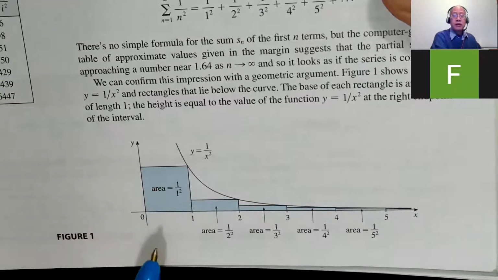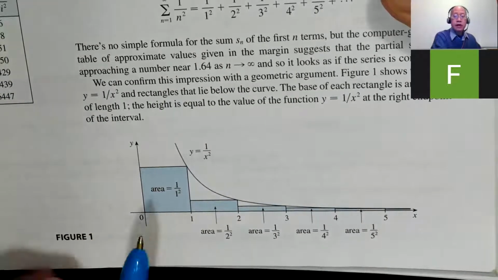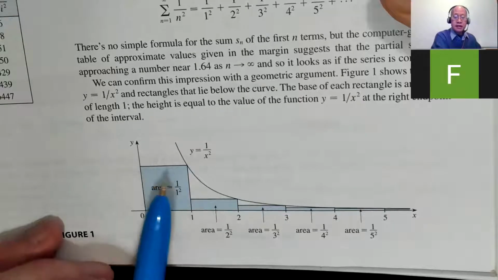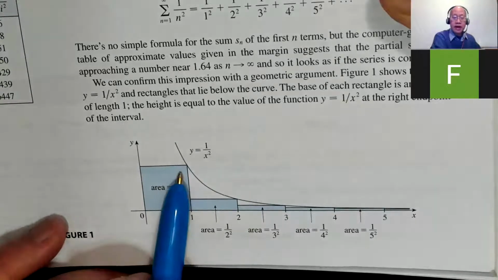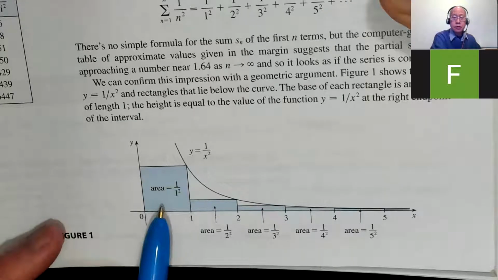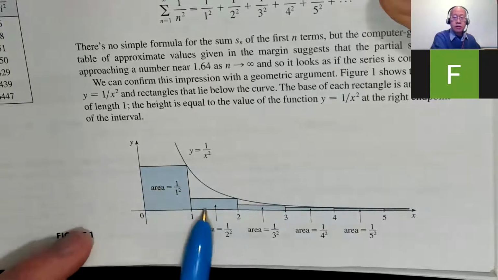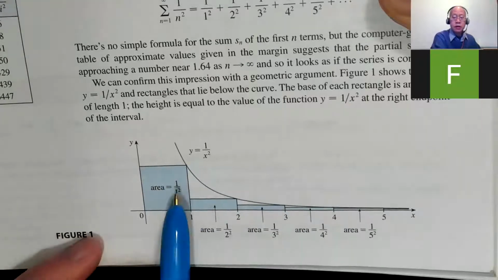When we go A1, A2, A3, A4, and so on, we're basically thinking of this as rectangles, all with a base of 1 and the height of A_n. So this is 1 squared, 2 squared, 3 squared, 4 squared, 5 squared, and so on.